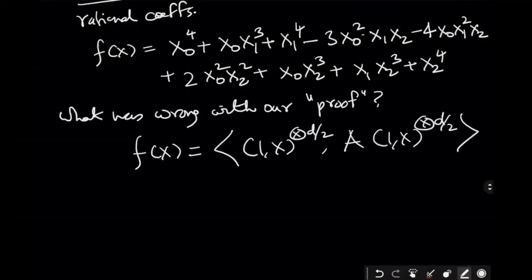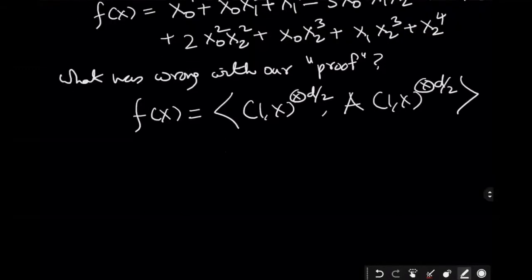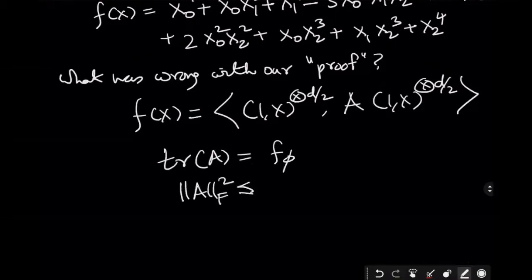And then we went on to prove nice things about A. We proved, for example, that the trace of A must exactly equal f_phi, the empty-set coefficient of the polynomial f. And this way we were able to bound the Frobenius norm of A. So we were able to prove that the Frobenius norm squared of A is at most the trace of A squared, which is equal to f_phi squared.